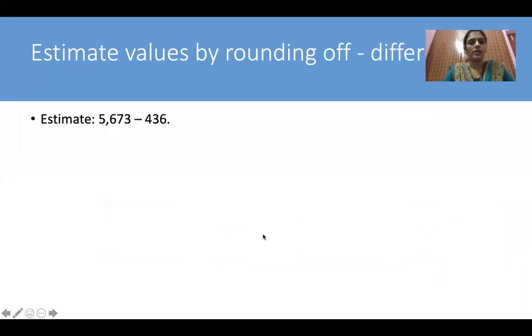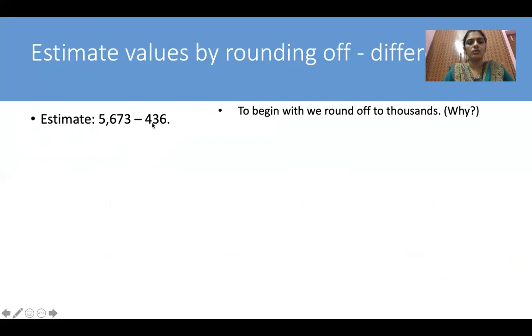So here we have 5,673 minus 436. We have to calculate the rounded difference of these two numbers. So first, let's begin with the thousands value.